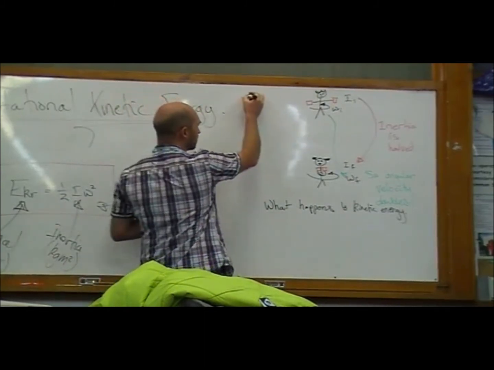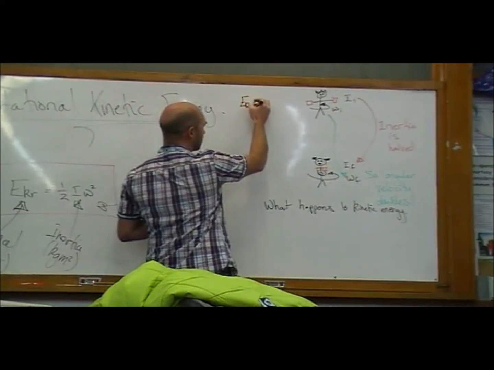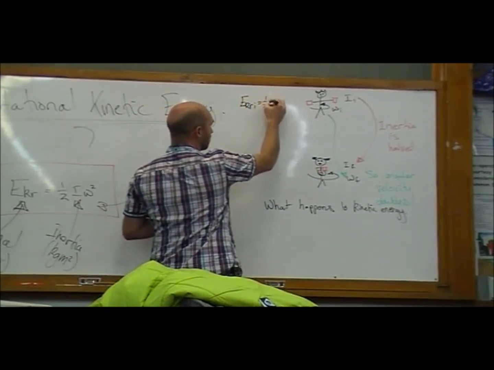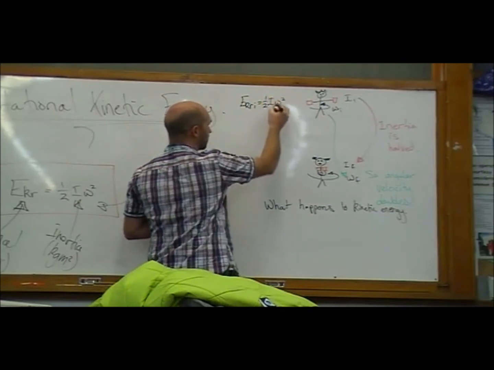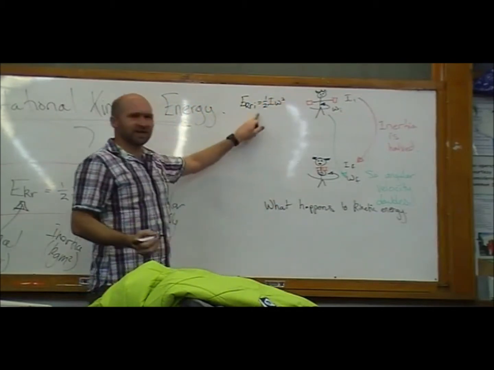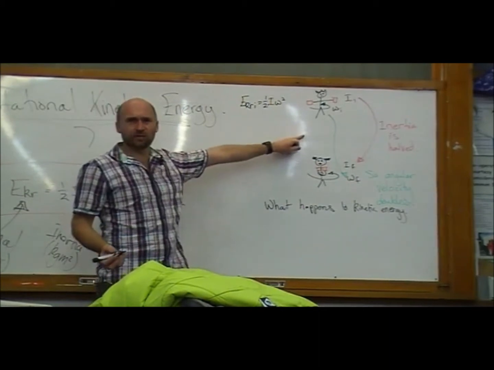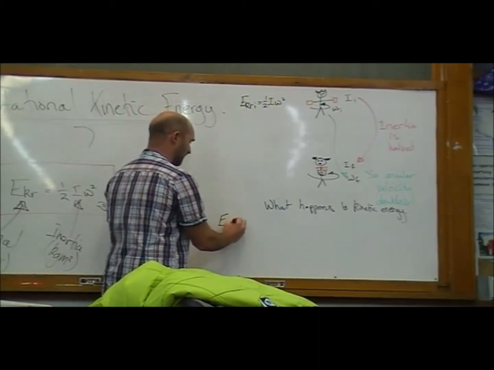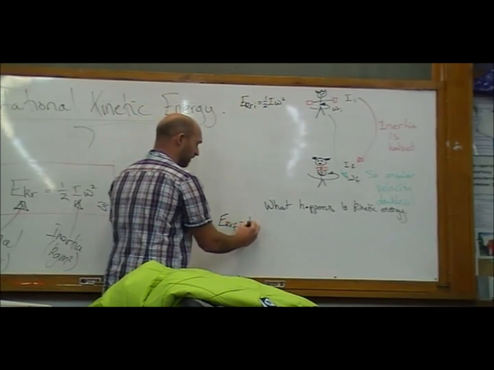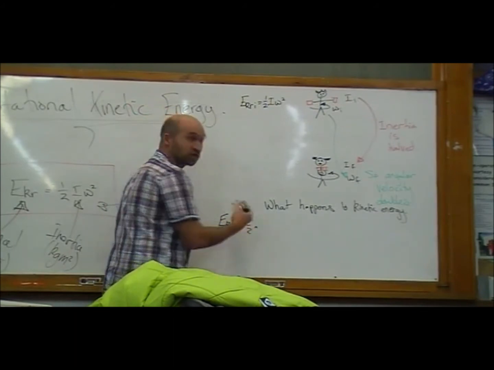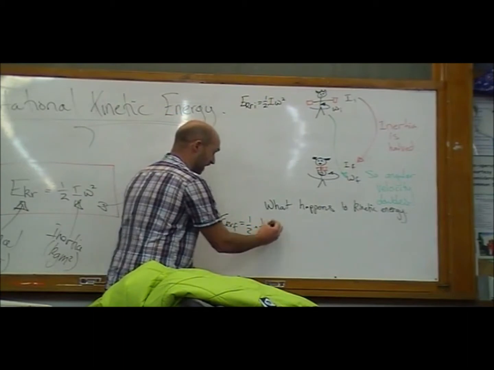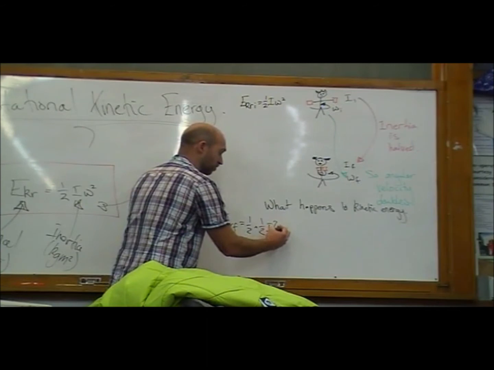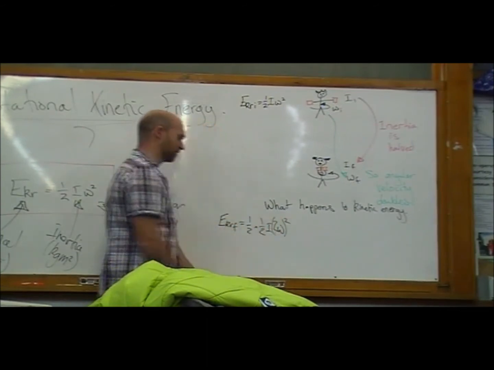So if we think about the EKR initial, we've got half I omega squared. But if the angular velocity doubles and the inertia halves, our EKR final is going to be half, inertia's halved, so half inertia, omega has doubled, so 2 omega squared.